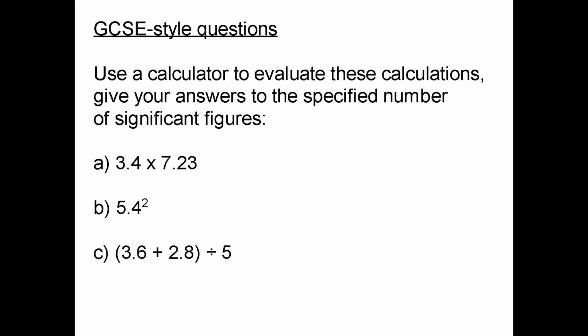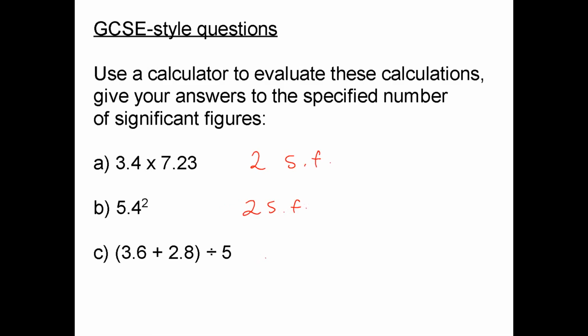To finish off, I'd like you to have a go at some GCSE questions with your calculator. So please complete these calculations with your calculator and then give your answer to the specified number of significant figures. For the first question, I would like the answer to 2 significant figures. For the second question, I would like the answer to 2 significant figures.